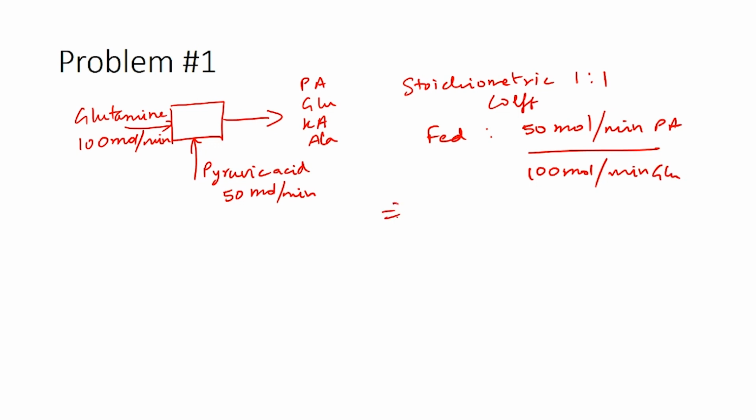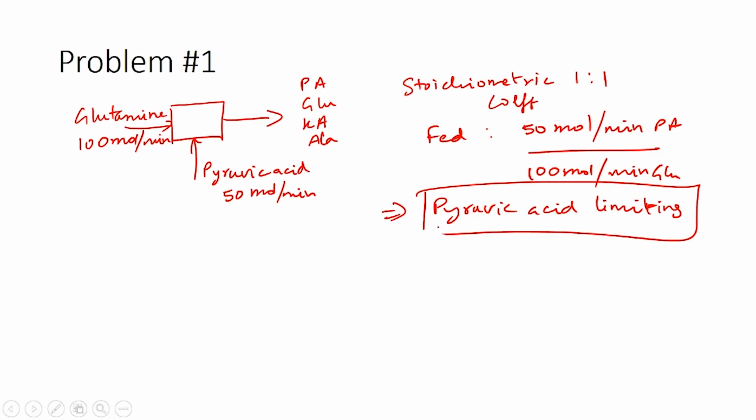So, this means pyruvic acid is the limiting reactant and glutamine is being supplied in excess. So, the first aspect we have calculated.